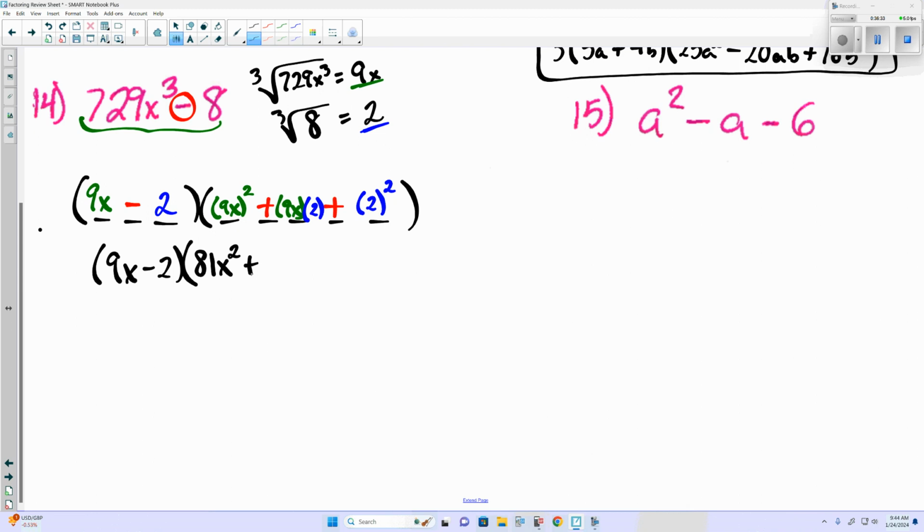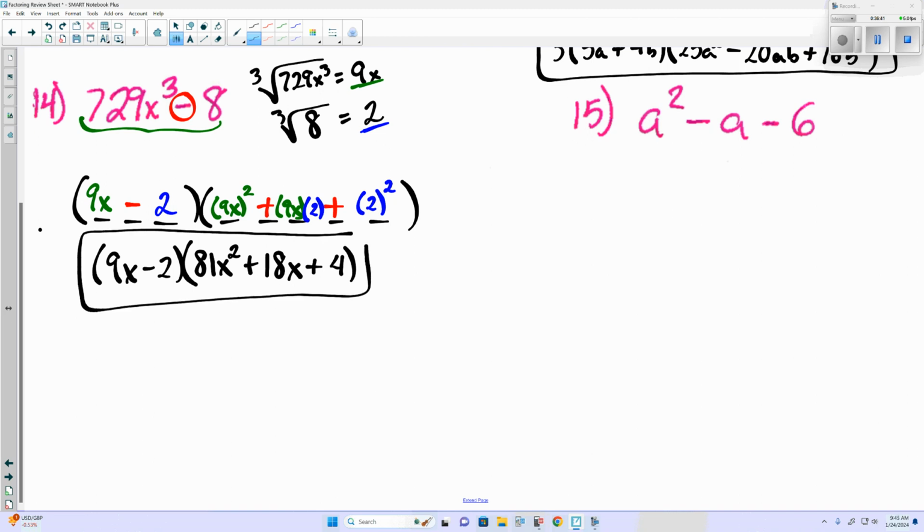Plus 9x times 2 is 18x. 2 squared would be 4. So the final factored form of this is 9x minus 2 times 81x squared plus 18x plus 4.